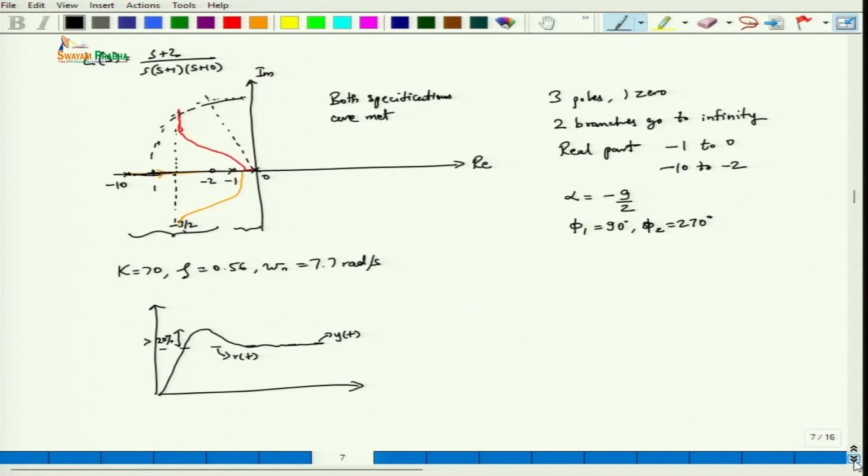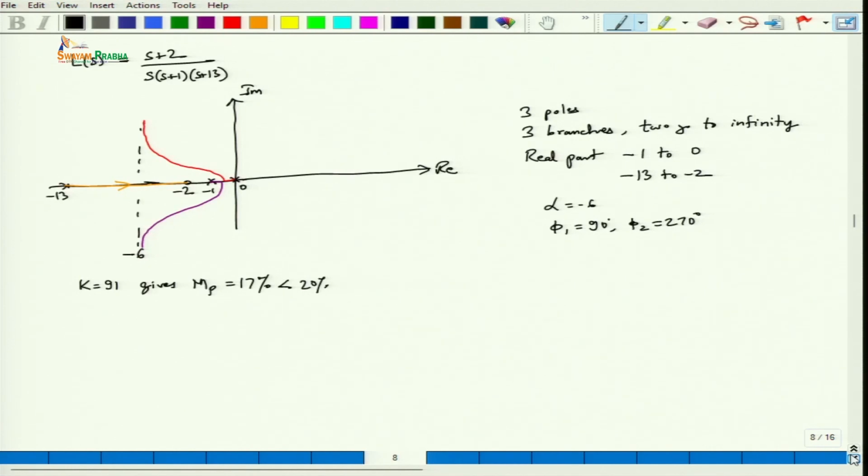Now say in addition to these time domain specifications, I have a steady state error specification. So first let us calculate what the steady state error will be in this case. That will be limit s tends to 0 of s K_d G, as we have discussed in the previous lectures.